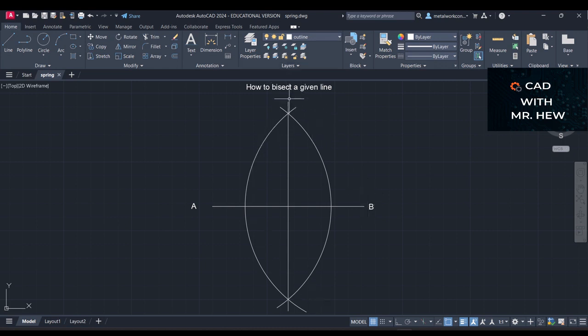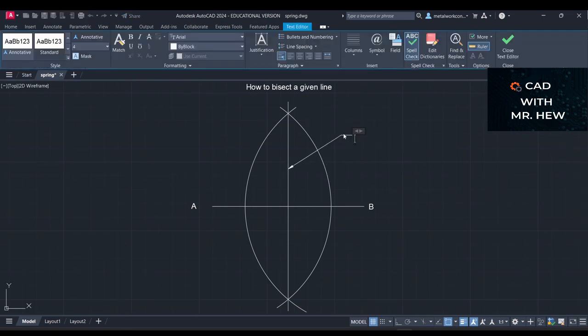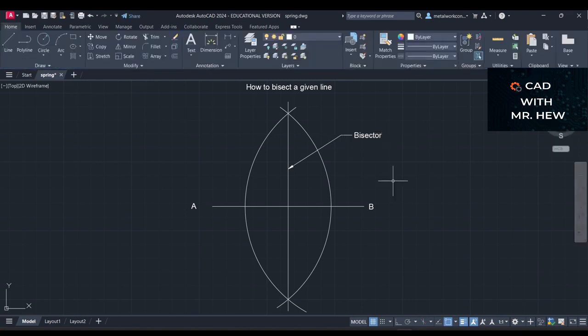Where the two arcs intersect, the line drawn through the intersection of the two arcs is a bisector. Let us label this line, then label it bisector.